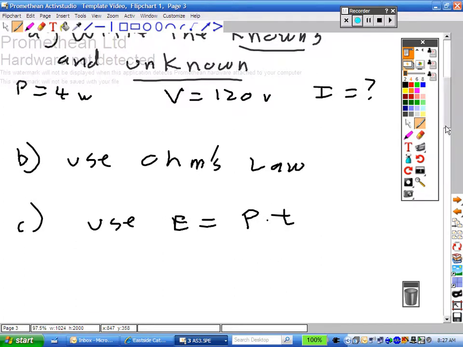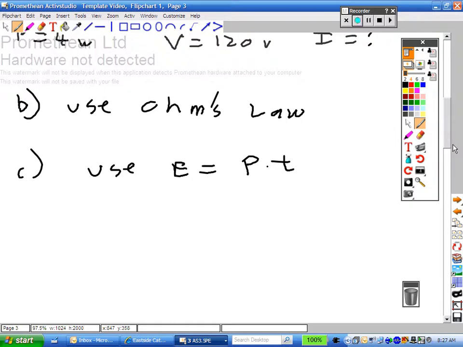For part B, let's use Ohm's law. Part C, they ask about the cost. Well, first let's use energy equals power times time. Remember, hint, change the power, which is at this moment in watts, to kilowatts.